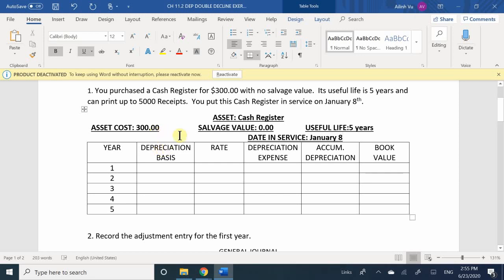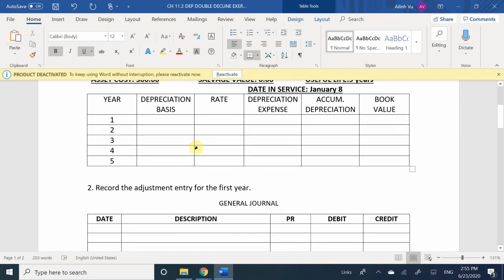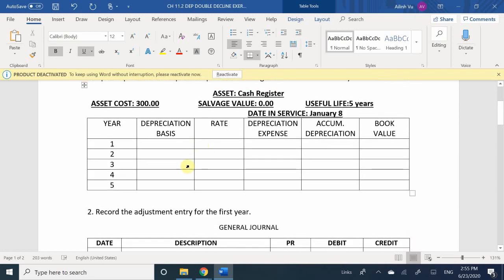Okay? So, starting from square one, what is the first year's depreciation basis? 300. 300 is correct. We're going to start off with 300, right? What is the rate? 40%. Good.